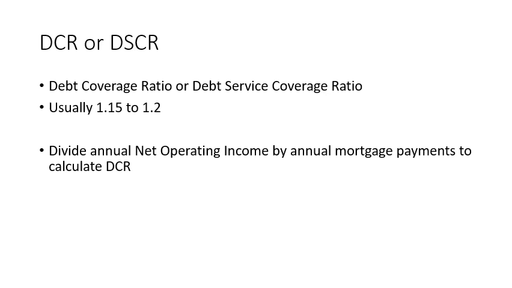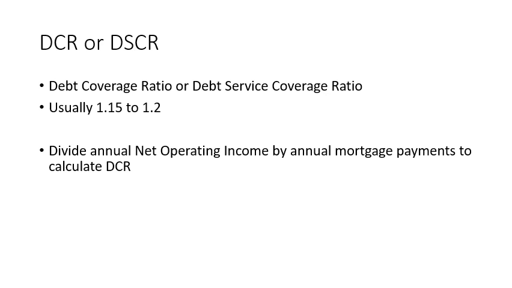And you arrive at that by dividing the annual net operating income by the annual mortgage payments to calculate the DCR. If you think about a DCR of 1.2, 1.0 would be the annual mortgage payments are exactly equal to the net operating income from the property.